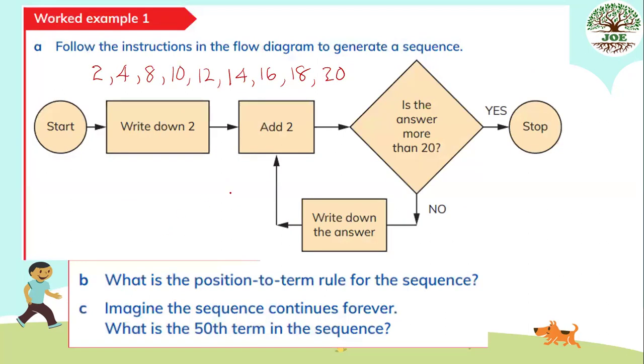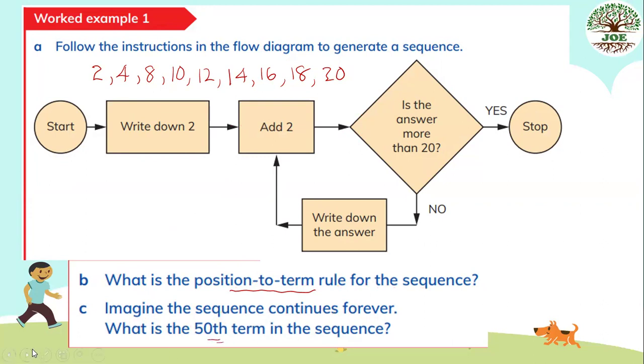So part A is to generate a sequence using this flow diagram. Part B, what is the position to term rule for the sequence? If we want to find the position to term rule, we have to make a table with our position and our numbers, okay? Part C, imagine the sequence continues forever. What is the 50th term in the sequence?